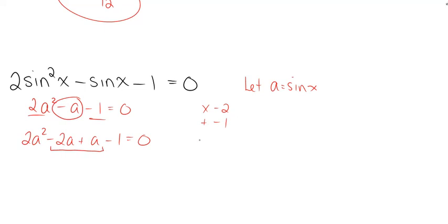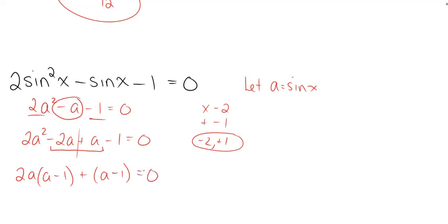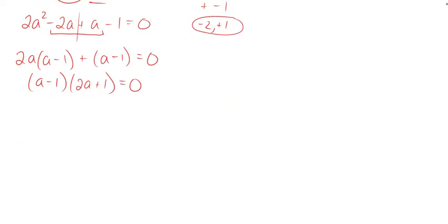The two numbers are -2 and +1. And then I factor each half. So factor out 2a would be a minus 1. And I factor out pretty much nothing on this one, like a 1. So it becomes a minus 1 times 2a plus 1. There we go. So this was just a complex trinomial.